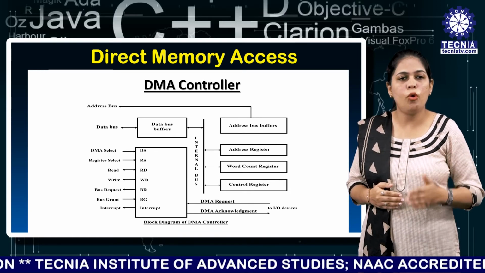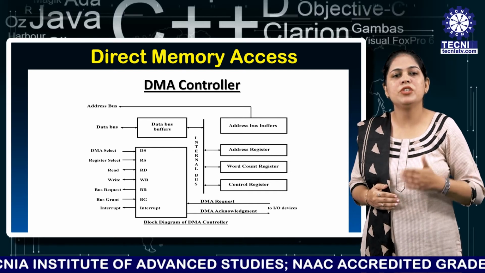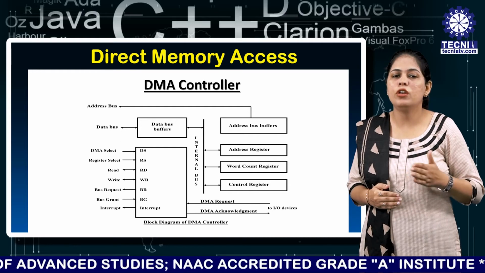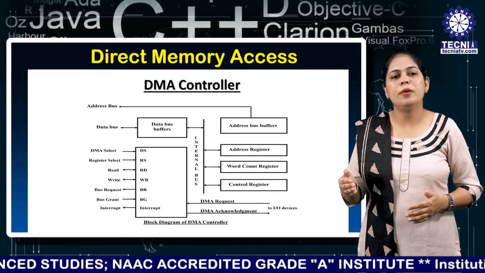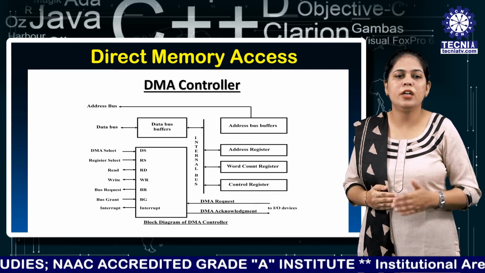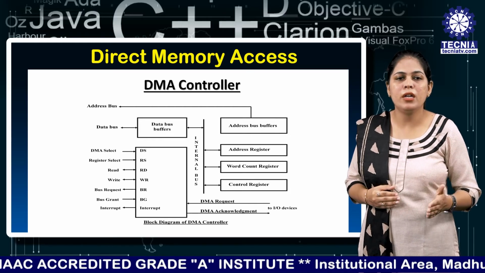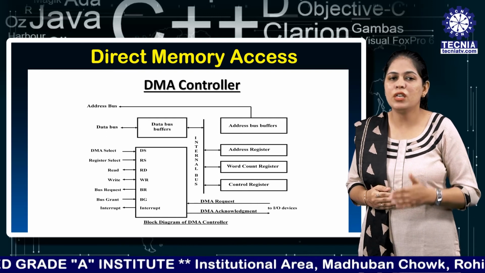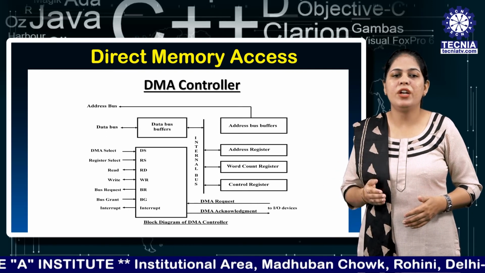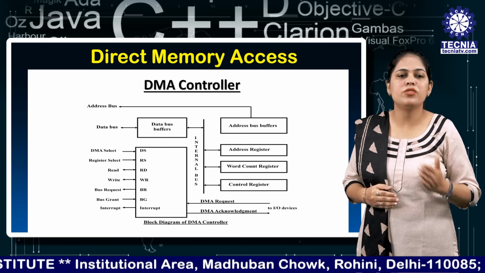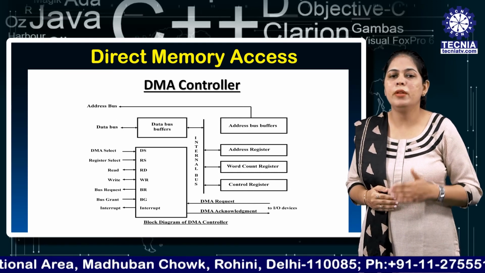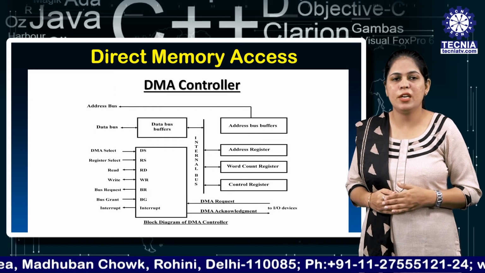In the programmed input-output mode of data transfer, the operations are the result of input-output instructions, which are part of the computer program. In the interrupt initiated input-output method, an interrupt facility and interrupt command is used to inform the device about the start and end of the transfer. In the DMA, that is direct memory access, the interface transfers the data into and out of the memory unit through the memory bus. I hope you understand the concept of DMA.